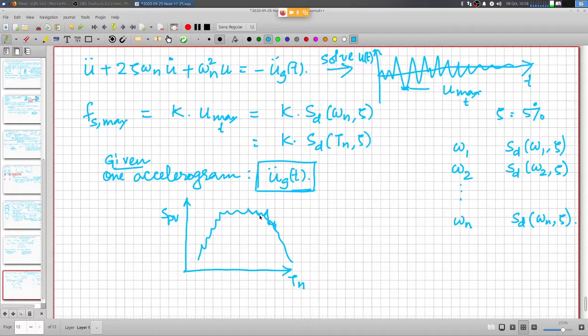So that's the basic idea of how you use response spectrum in analysis or design calculations, and that makes the job of earthquake resistant design calculations very, very simple and straightforward.